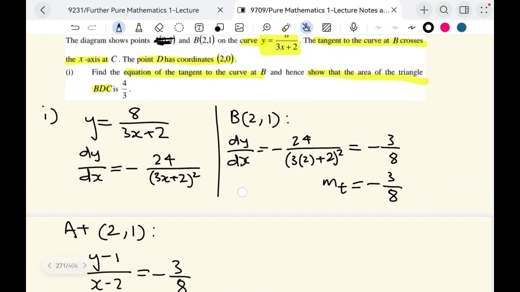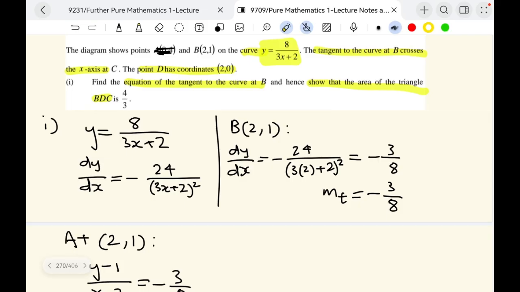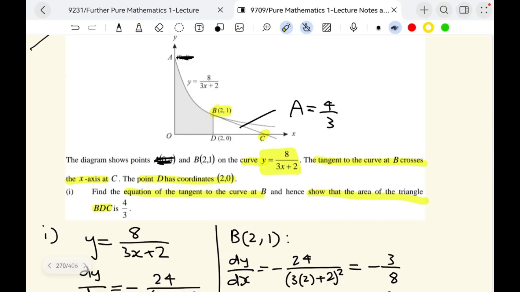Now let's take a look at the next part of the question. The question wants you to prove that the area of triangle BCD is 4 over 3. How to prove? Ask yourself, what is the area of a triangle? Half of the base times height.